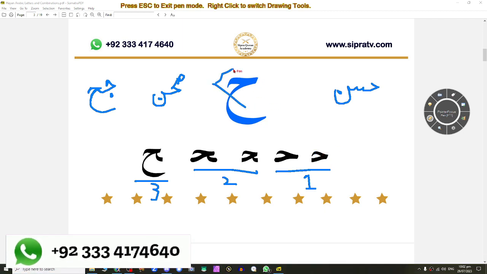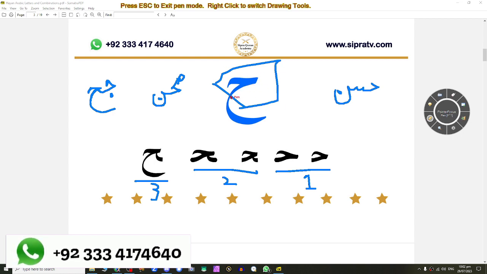These are just two different fonts. Otherwise, the shape is the same. It is one thing, but only the fonts have been changed. This will be position number 1 like this, ha seen noon.